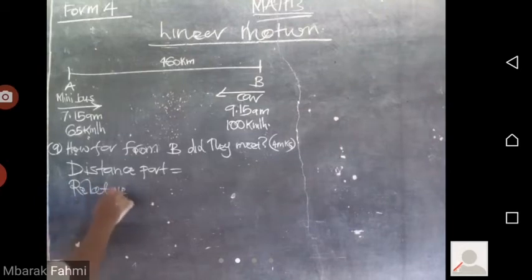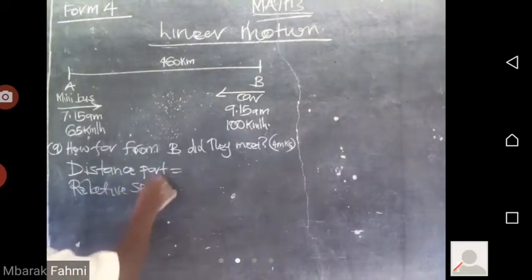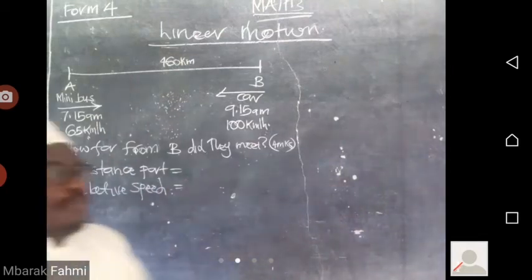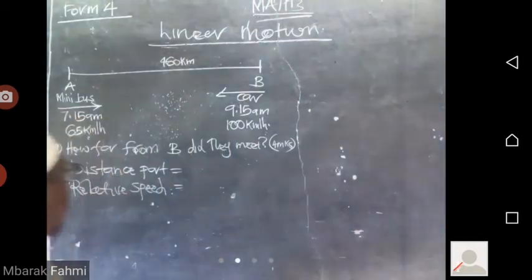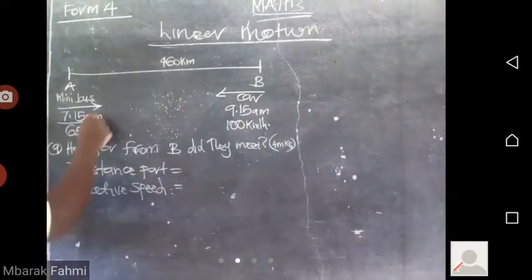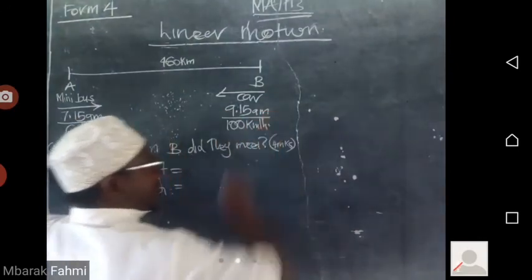Always when two objects with different speeds meet, we must know the distance apart and the relative speed. This one started the journey at 7:15 a.m. and the other one started at 9:15 a.m.